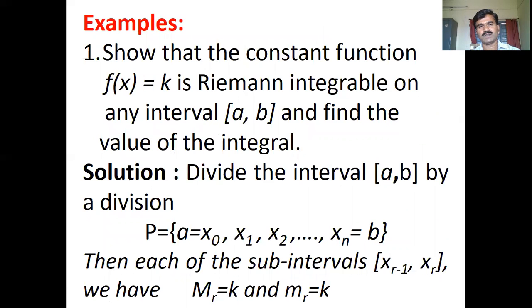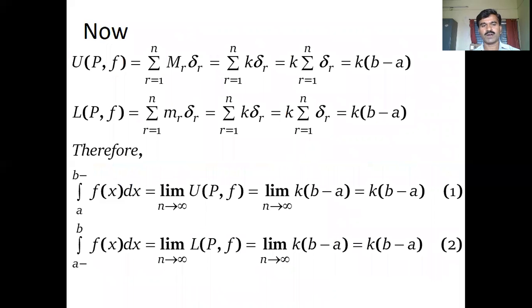Now let us see the examples to justify the above definitions. Show that the constant function is R integrable over [a, b], and also find the value of the integral. First, let us divide the interval [a, b] by a division P = {a = x0, x1, ..., xn = b}. Then in each subinterval [x(r-1), xr], the supremum and infimum are both k. Now we can substitute those in the upper and lower Riemann sums to get k times (b minus a).